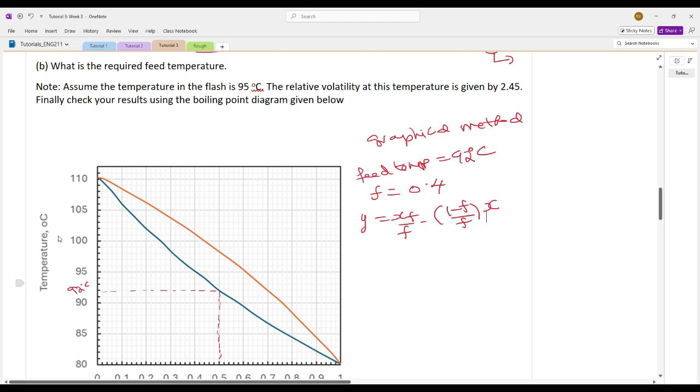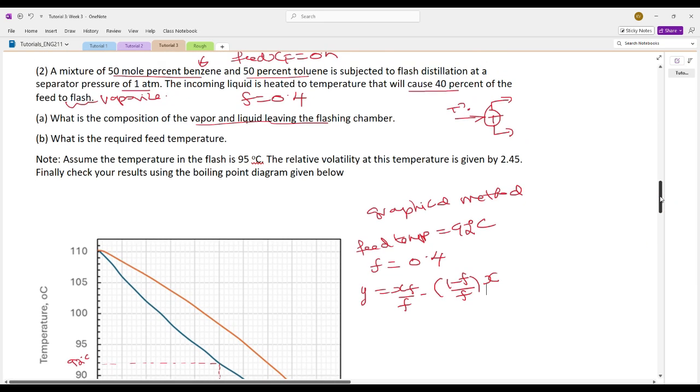This is something we have here. So either you can calculate the slope, and from there you can calculate x and y. That's one way to do it.